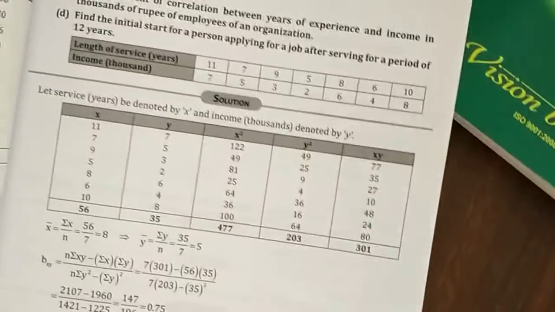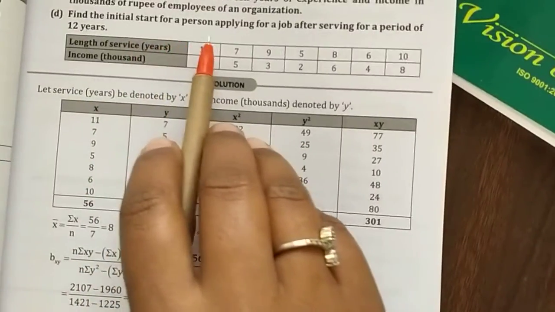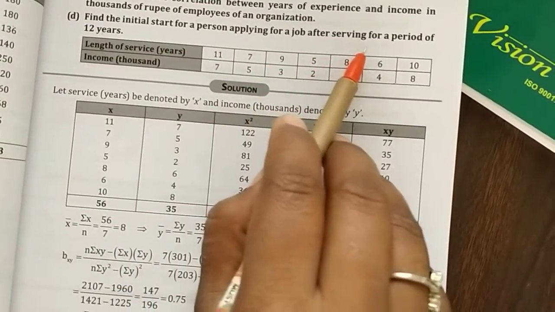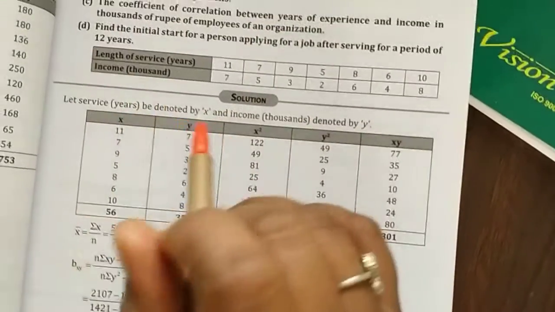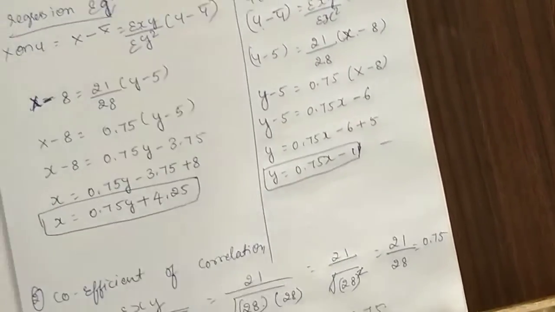One more thing is given here: find out the initial salary for a person applying for a job after serving a period of 12 years. Service is 12 years, which means x is given. If x is equal to 12, we have to find out y. We take this equation: y is equal to 0.75 x minus 1.